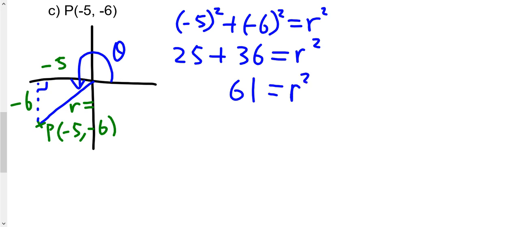Then you take the square root of that, so R, in this case, unfortunately, 61 is not the perfect square of any integer, so we have to leave that as square root of 61.